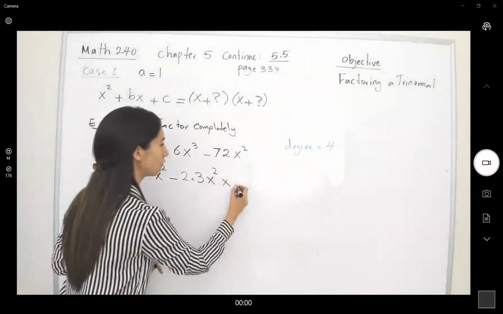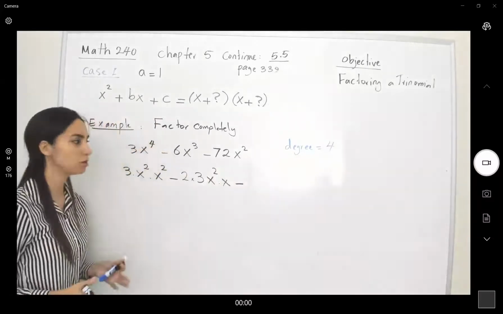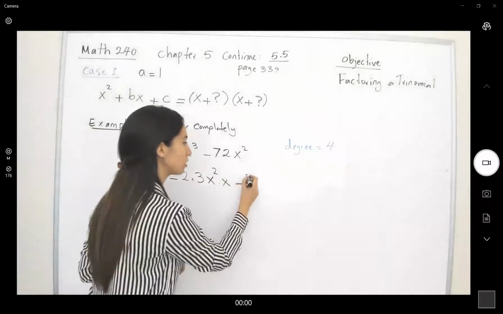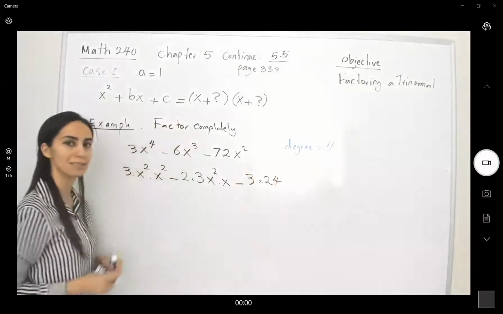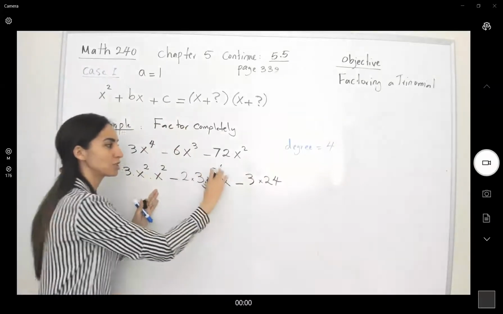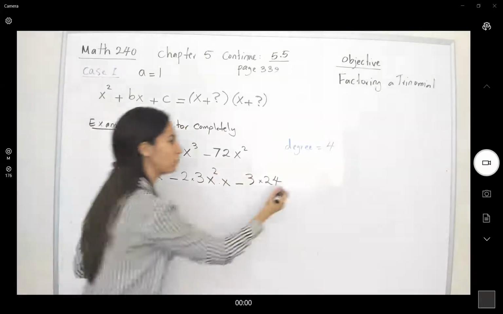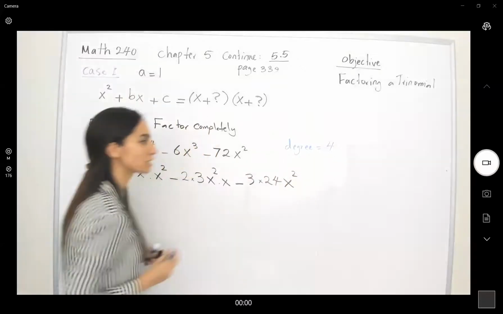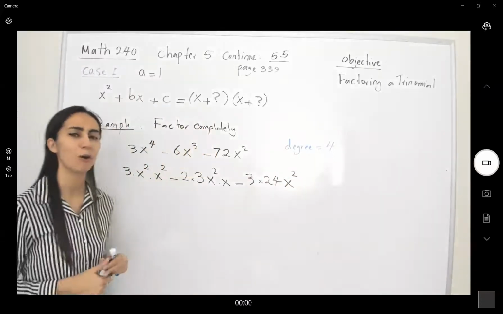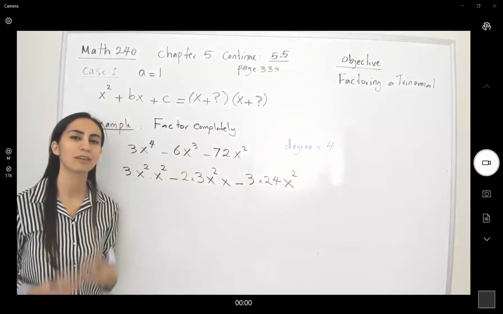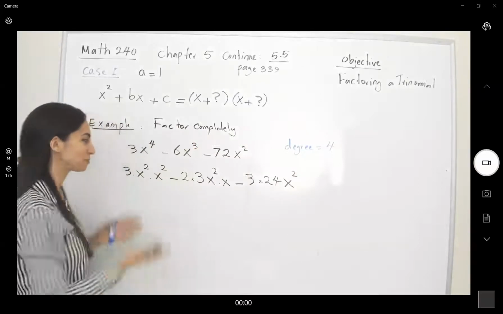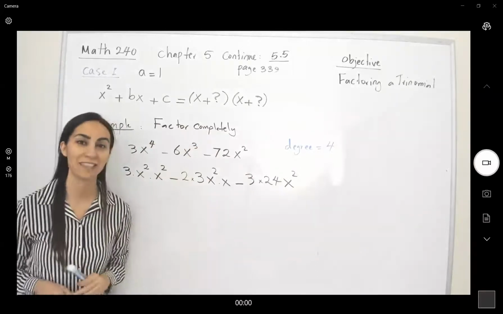And finally, we have minus 72. 72 is actually 3 times 24. And here, since I want to see x squared in all of them, I'm going to copy down x squared here. Now, what is the common factor, and eventually, what is the greatest common factor in all of these addends?